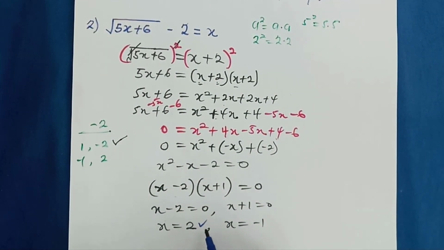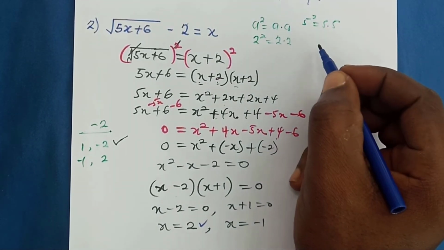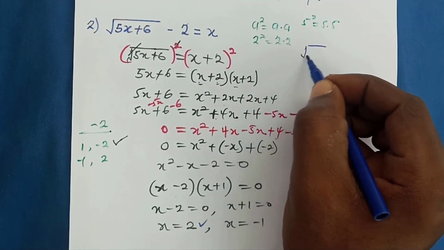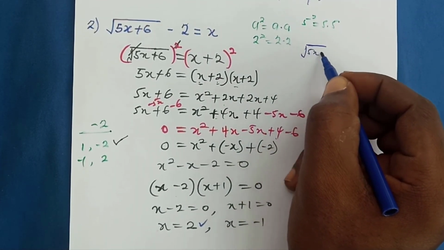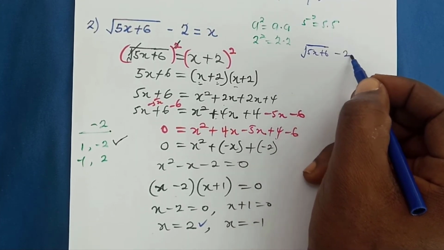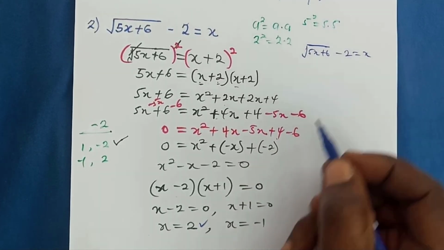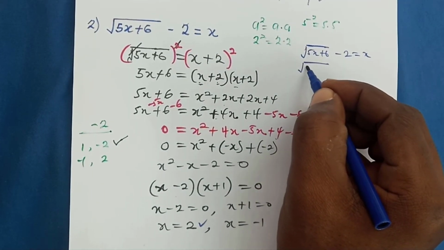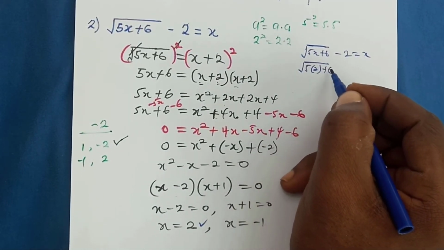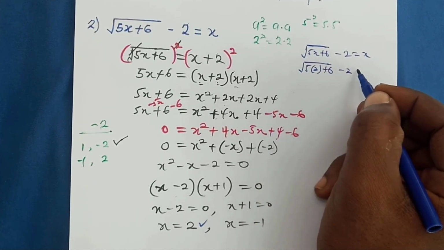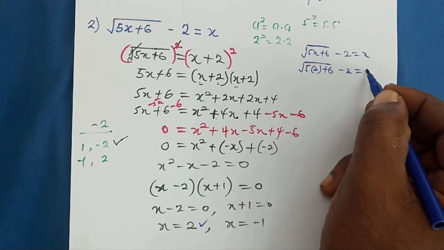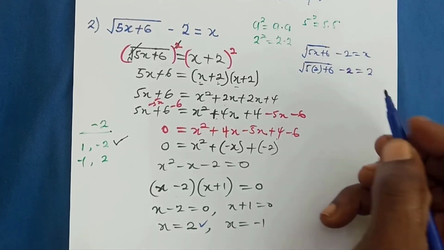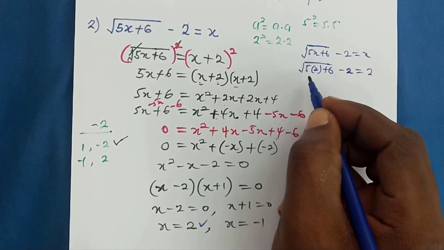Let's first check x is equal to 2. So the original equation was the square root of 5x plus 6 minus 2 is equal to x. So wherever we find x, we are going to put 2. So square root of 5 times 2 plus 6 minus 2 is equal to 2.